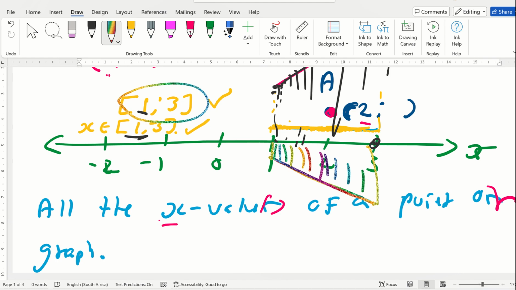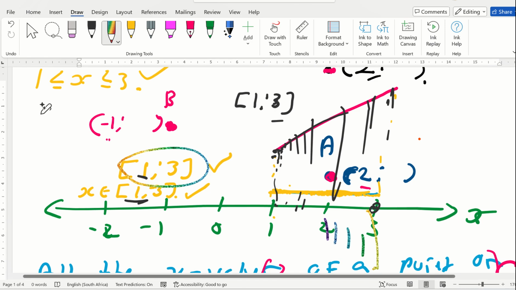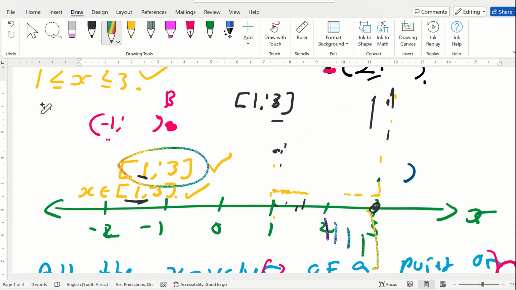Now, if they do this, let me draw another line here. It's like this. This line goes very close to 3, but it doesn't touch 3. So it excludes the 3 and the 1 basically. So if they ask you, the domain will be 1 to 3 exclusive.